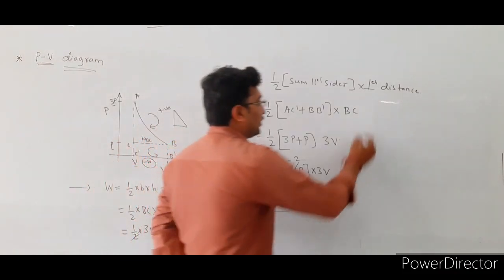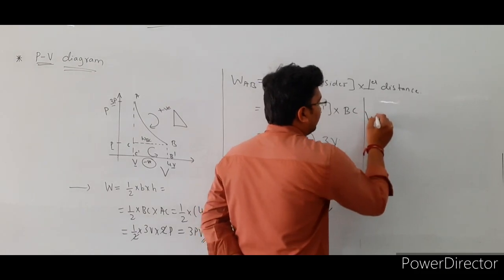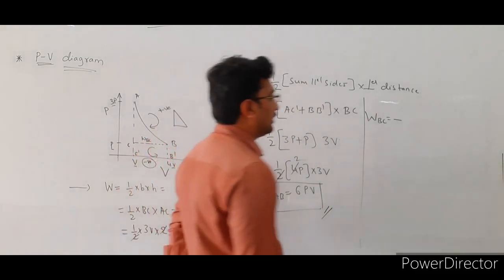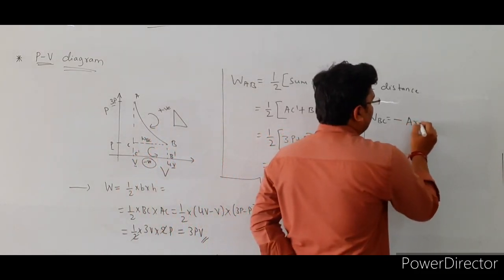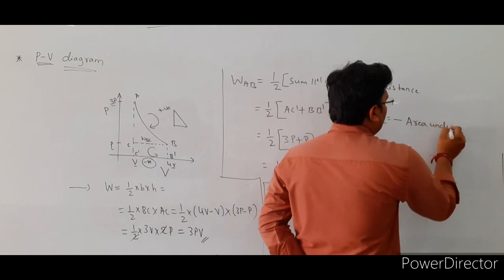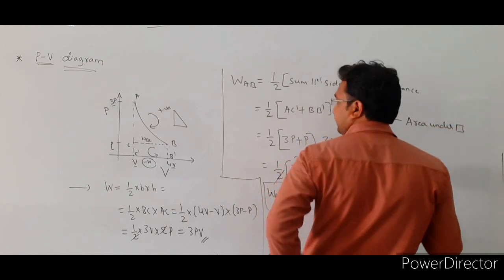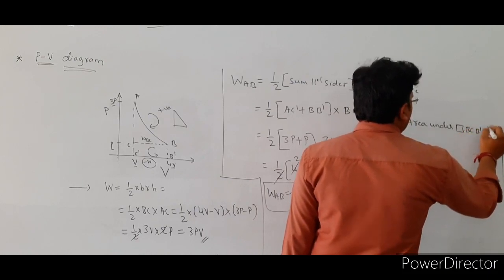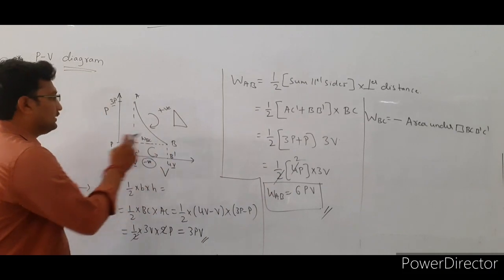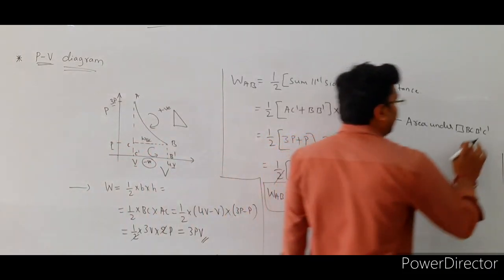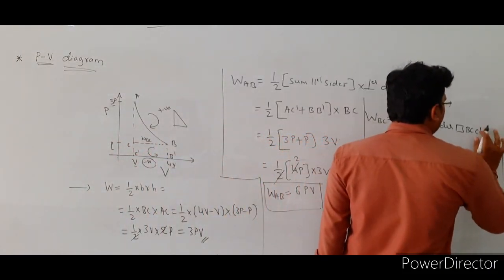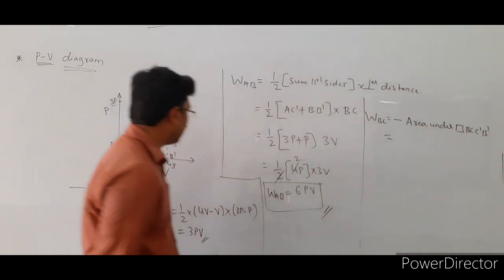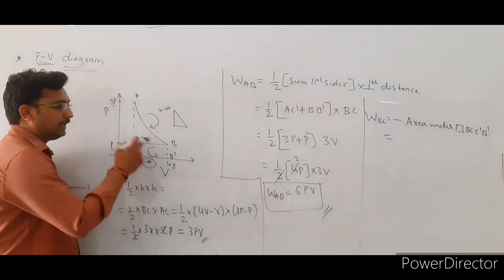So the work done along BC is equal to minus the area under the rectangle B, C, C dash, B dash. Now it looks like a rectangle. What is the formula to calculate the area of a rectangle?